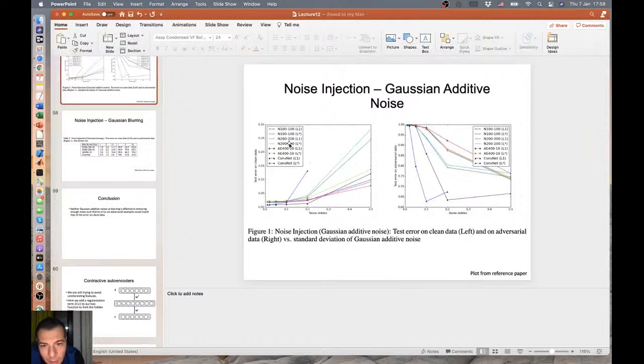Maybe, but it's not clear here. There seems to be some influence of the loss that is used, like L1 or L star.